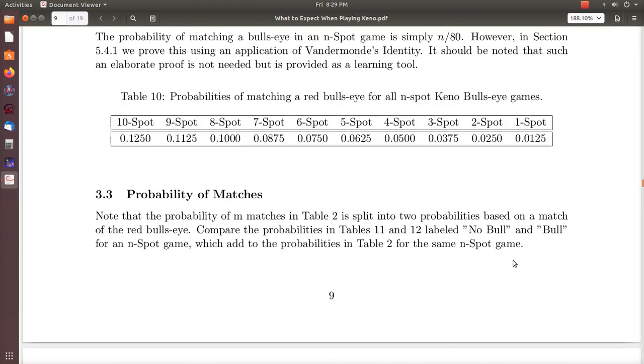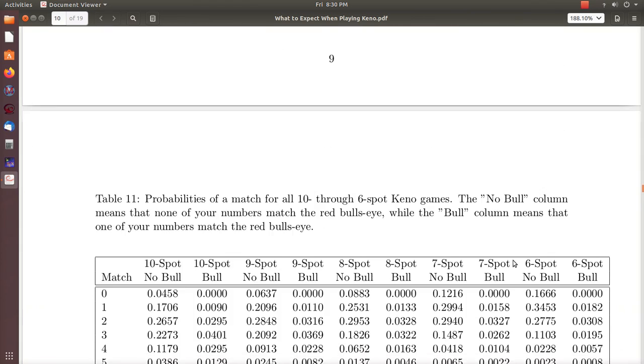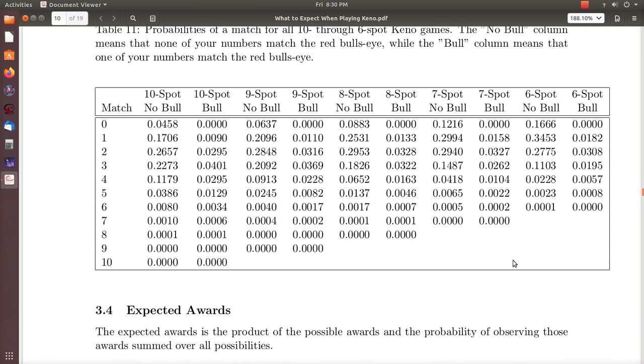So now, if we look at the probability of matches, there's sort of 2 columns for each spot game you play. So in a 10-spot game, you have so many matches, and you did not match the bullseye, so no bull, or you matched the bullseye, and then of course you had additional matches. Notice that when 0 match is always 0, because you can't match the bullseye if you didn't have any numbers matched.